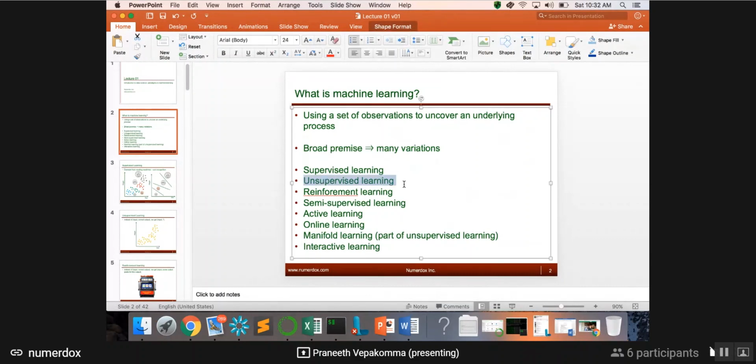Unsupervised learning would be like, I will give you a bunch of data about credit card transactions. I do not know which one is fraud and which one is not a fraudulent transaction. So you want to see if you can group the data into two groups, where when you delve into each group, you would see, oh, this group has all the properties that end up looking very fraudulent.